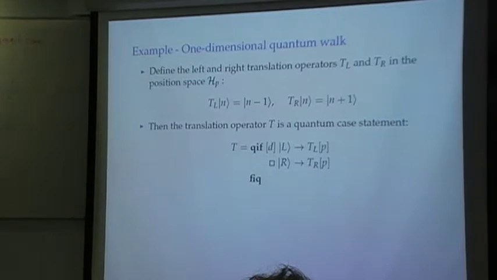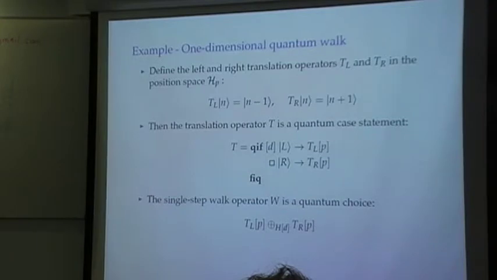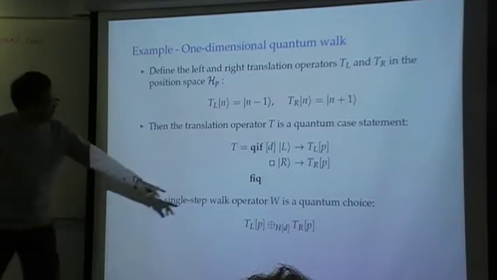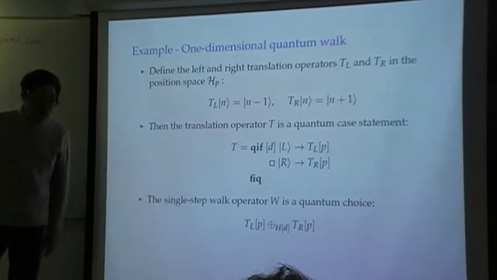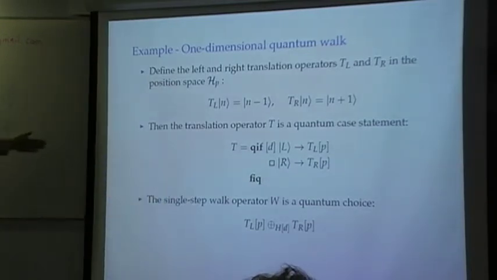So we can write it in this way. And also the single-step walk operator W is just the quantum choice of the left translator and the right translator, using the Hadamard operator as the coin-tossing operator.